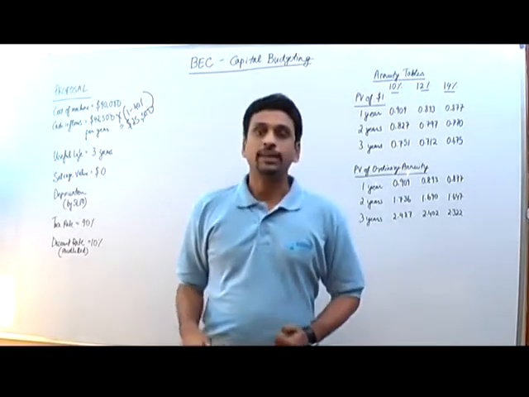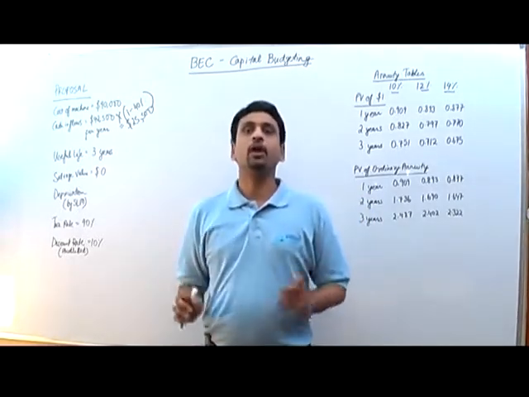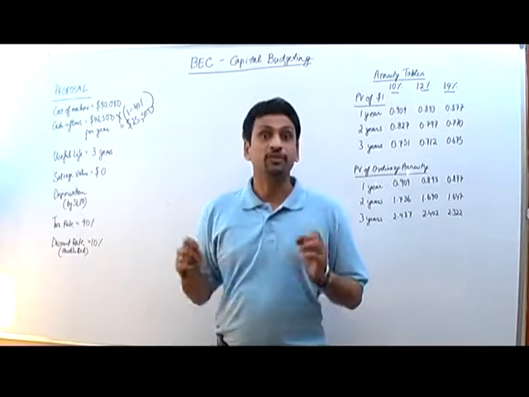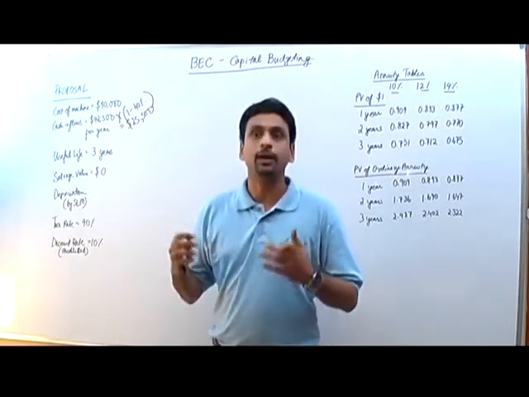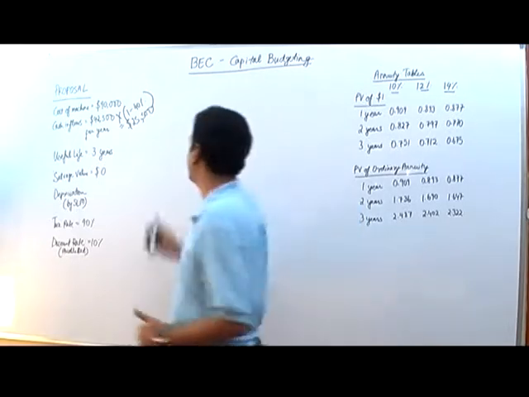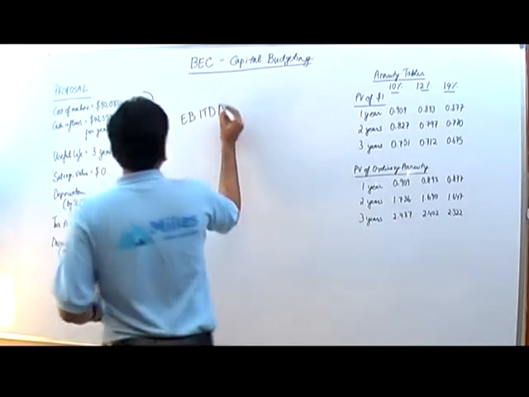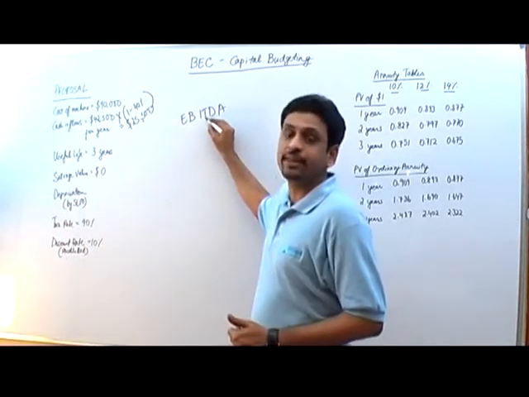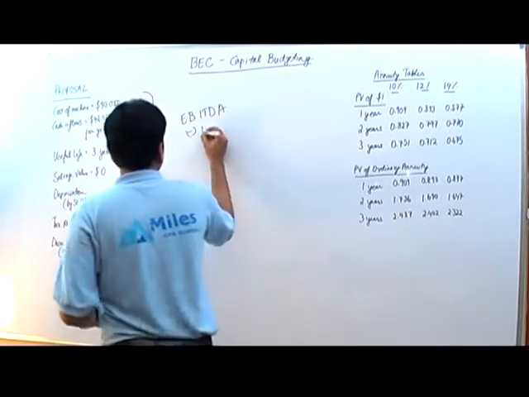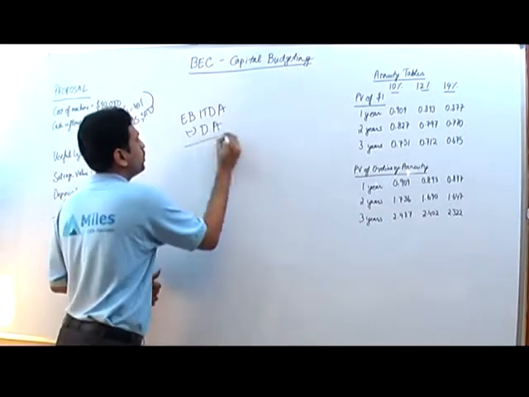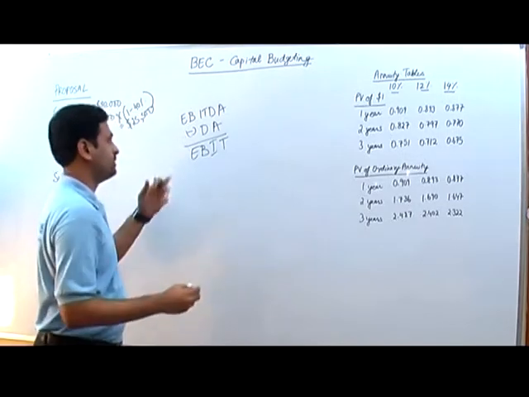The next point is that for cash flows, we do not use depreciation as it is a non-cash item. But friends, it gives us a disguised benefit. It helps us to save on income tax. The way it works here is, we have EBITDA, which is earnings before interest, taxes, depreciation and amortization, from which we subtract the depreciation and amortization to get to EBIT, which is earnings before interest and taxes.